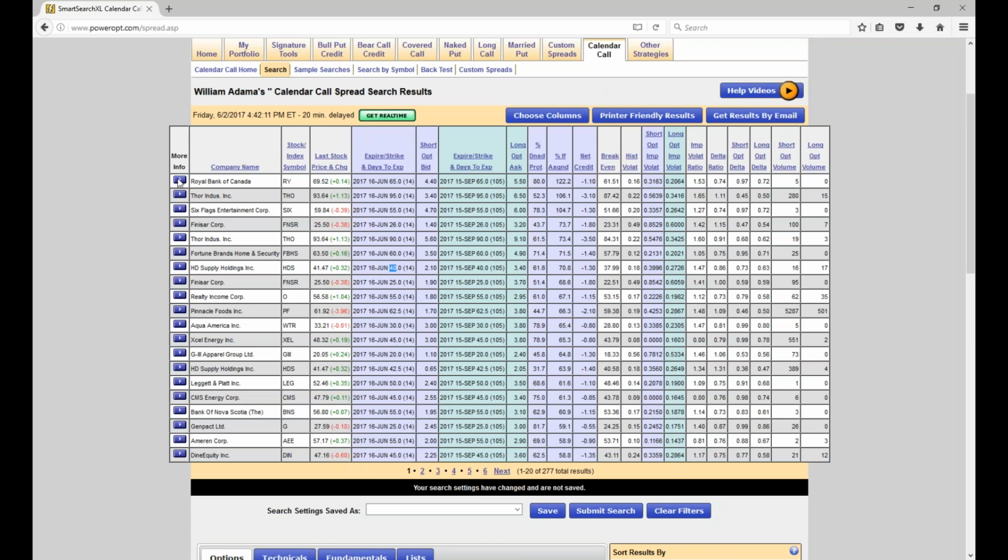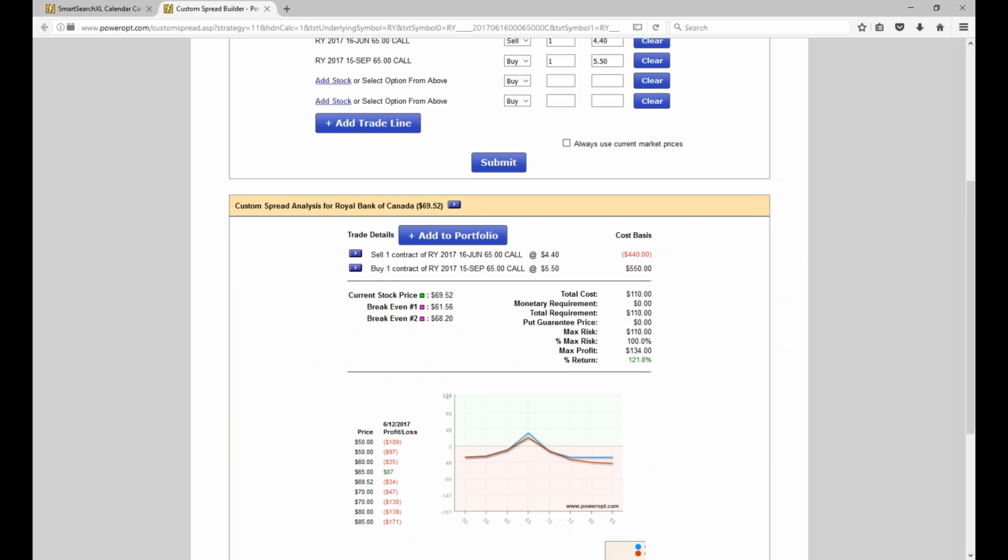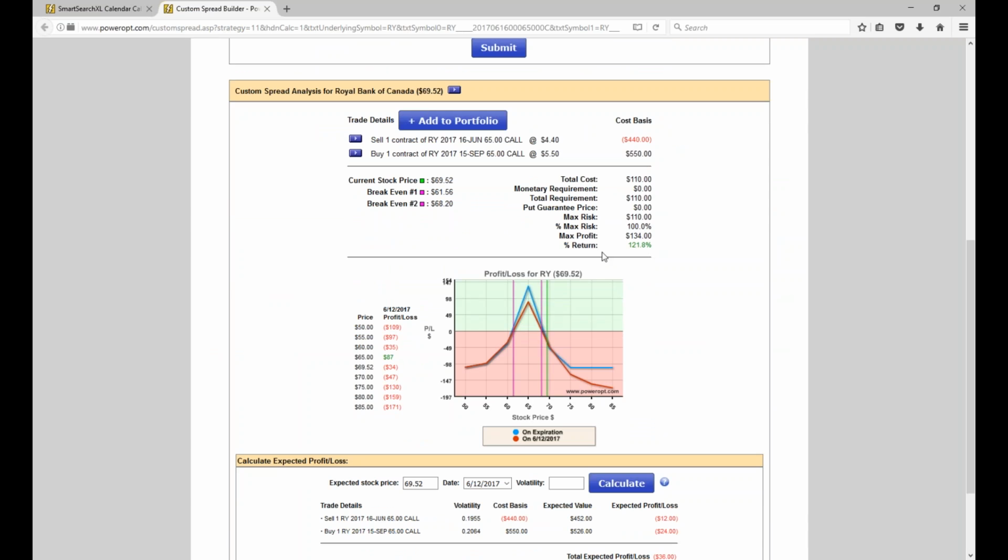Might not be a bad profit and loss chart. Let's take a look at Royal Canada here, our same strike spread. Through the More Information button, we'll go to the profit and loss chart. And yeah, it's offering a good return. Break-evens are about 7 points apart for the position, but remember it's a 65 and we're already at 69 in the loss zone. So I don't like that.